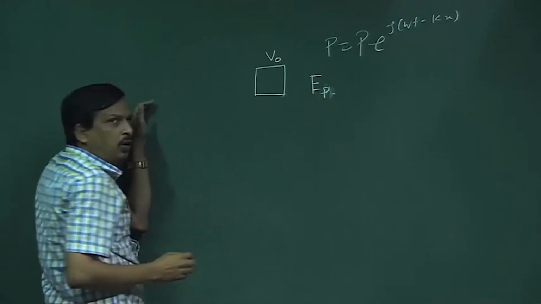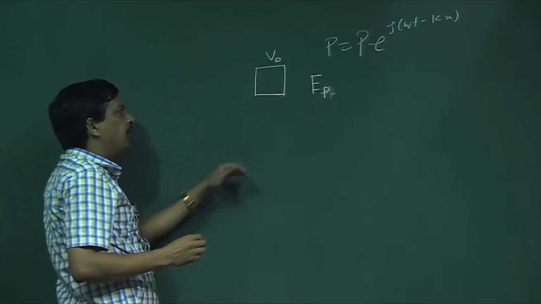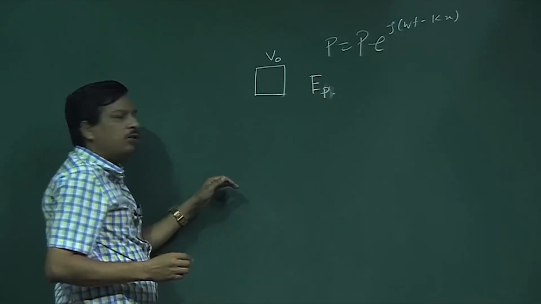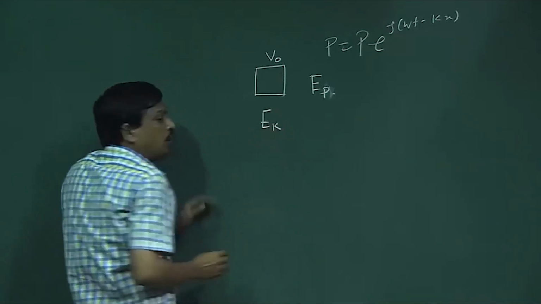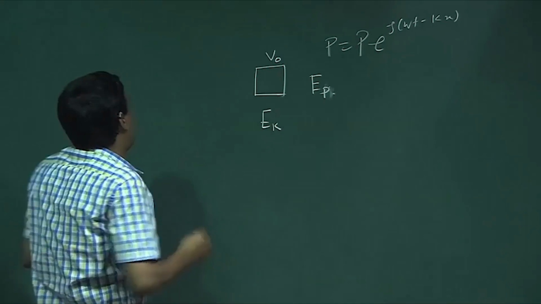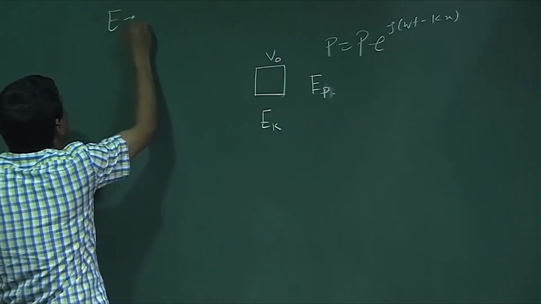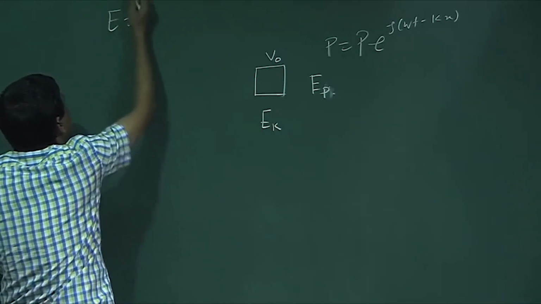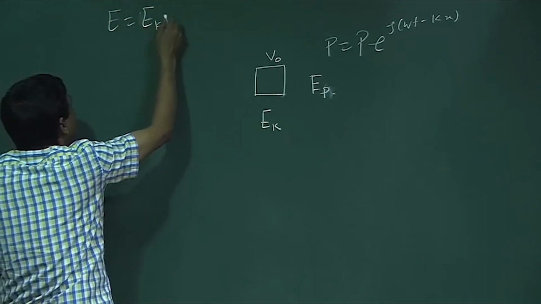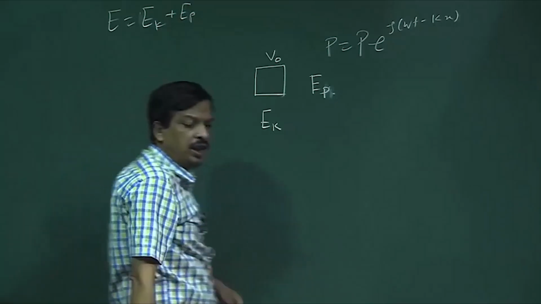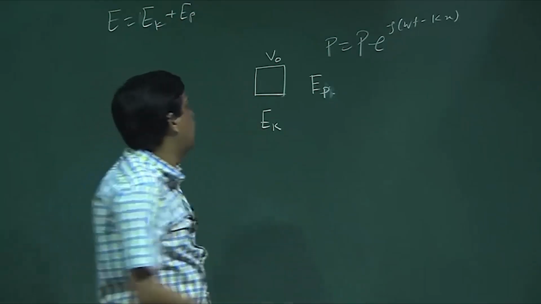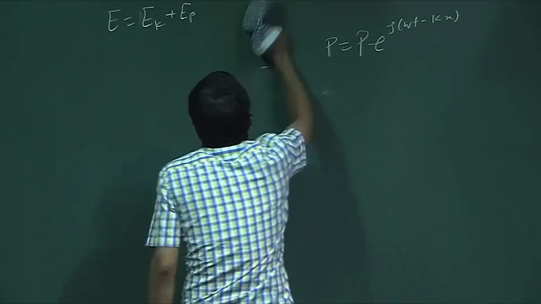Similarly, when the wave is propagated through a media, the particle has a velocity. So, that creates a kinetic energy Ek. So, the total energy E in a plane wave propagation is the kinetic energy plus the potential energy. Now, we have to derive the expressions for the kinetic energy and potential energy.